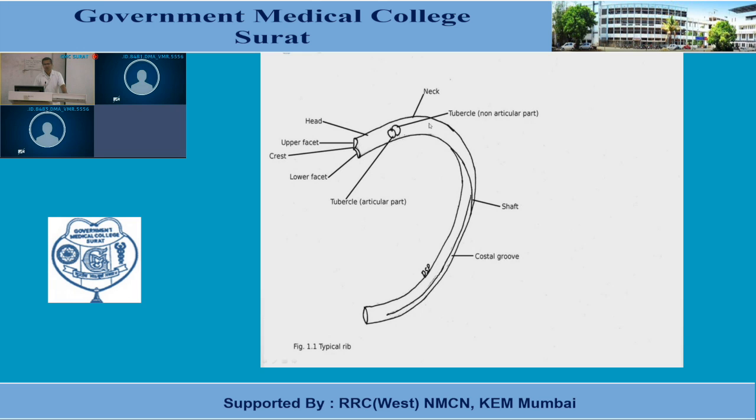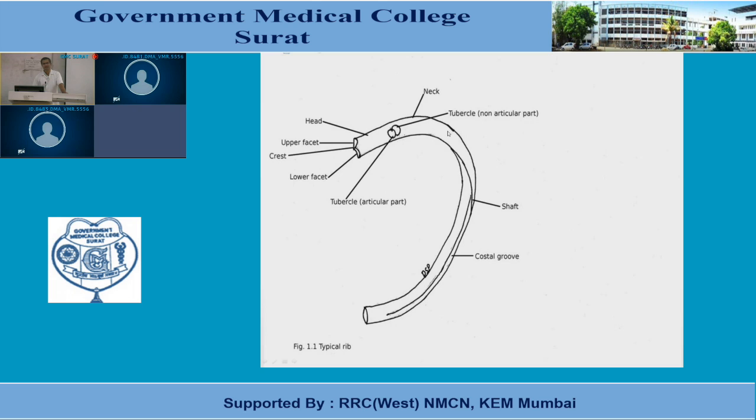Now from this posterior angle, the shaft will go anteriorly, and this shaft, present between the two ends of the rib, shows an inner surface, outer surface, upper border and lower border.